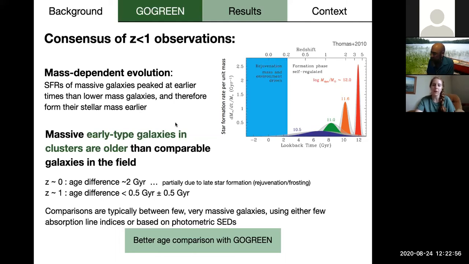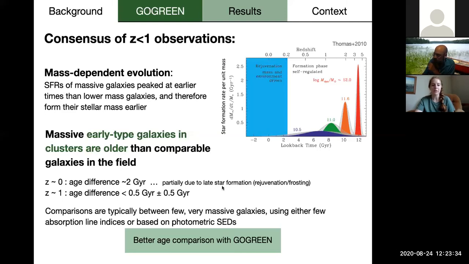So a second point of consensus among fewer surveys is a comparison between the quiescent galaxies between cluster and field galaxies. And in doing this comparison, they find that the early type galaxies in clusters are typically older than their comparable galaxies in the field. At redshift of 0, they find an age difference around 2 gigayears, but some of that is likely due to late star formation, so either rejuvenation or frosting, depending on your preferred terminology.